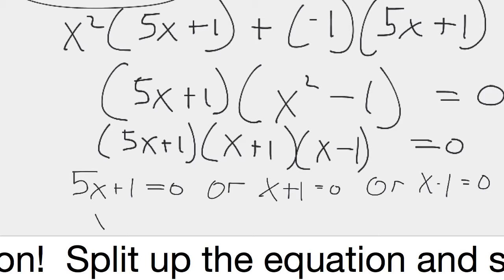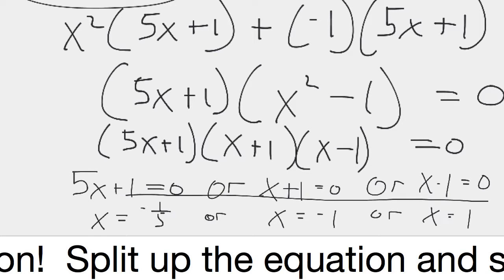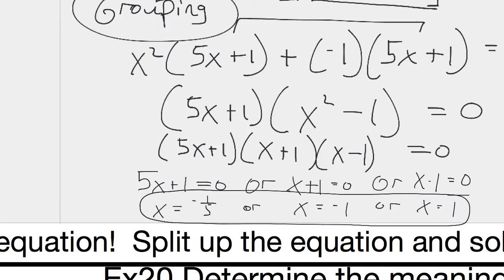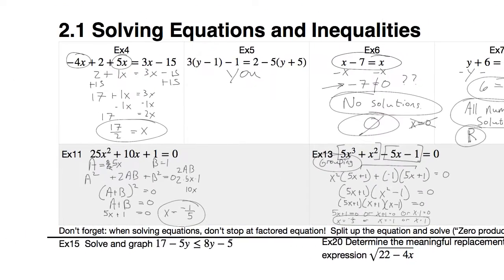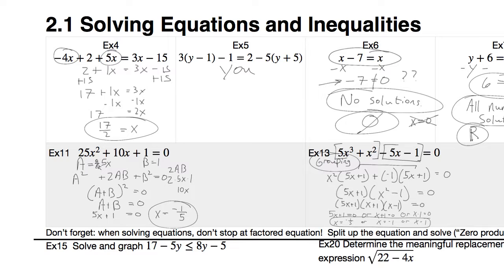So here we get x could equal negative 1/5, or x could equal negative 1, or x could equal positive 1. So, just a reminder, I want you to not forget, please, when solving equations, don't stop at the factored equation.